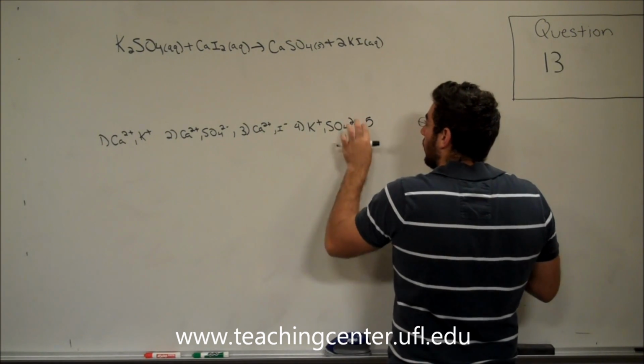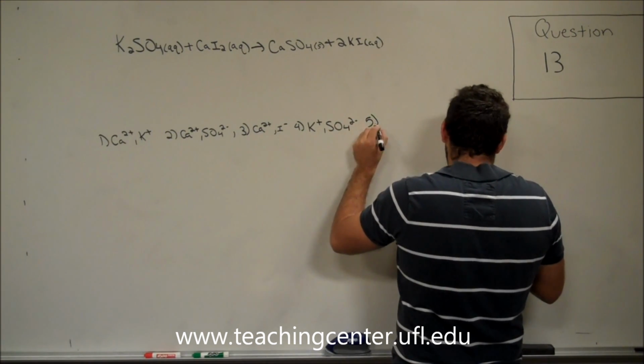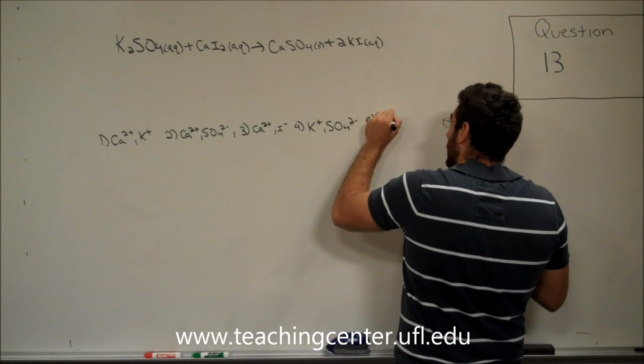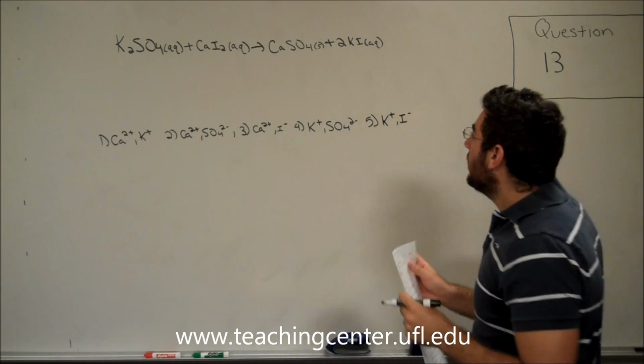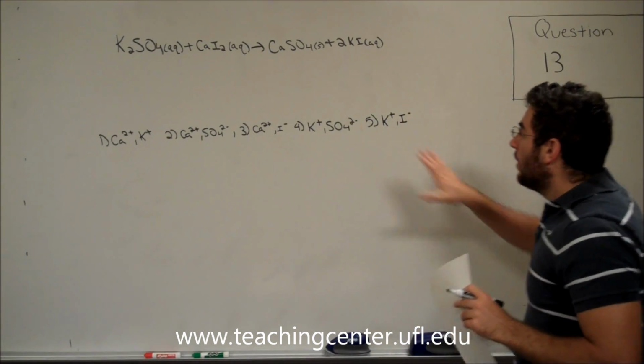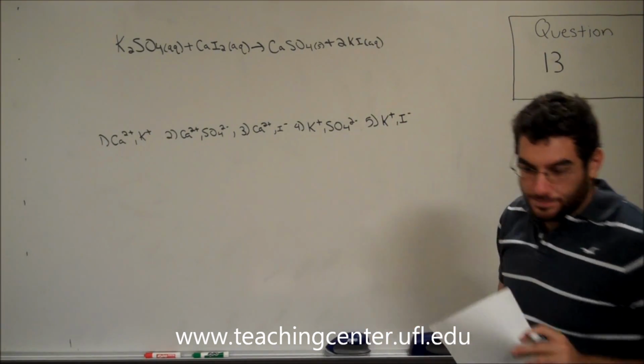Anytime you are asked to find spectator ions, the spectator ions can never, ever be part of your solid.